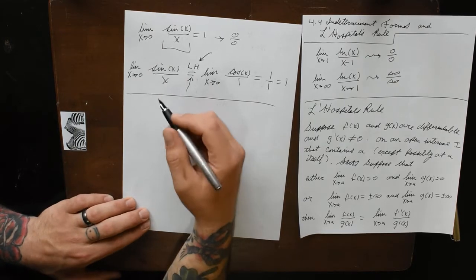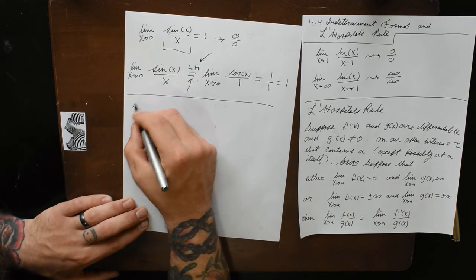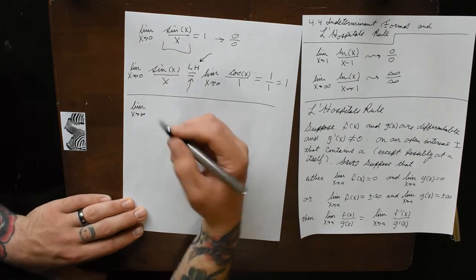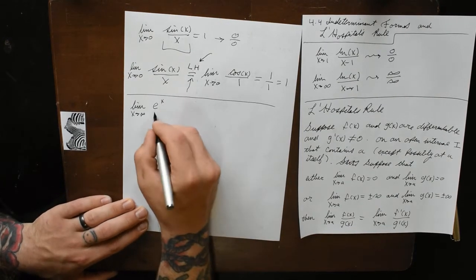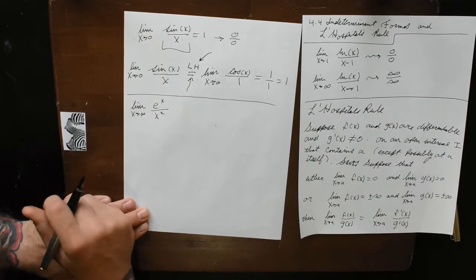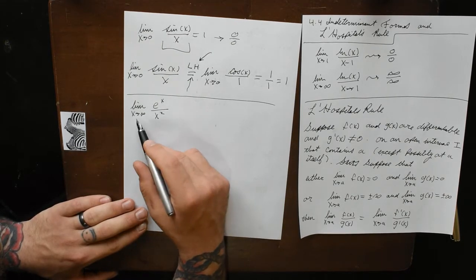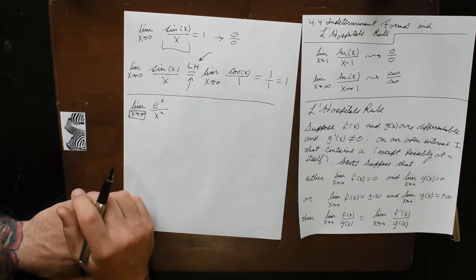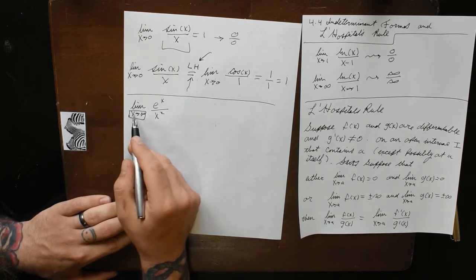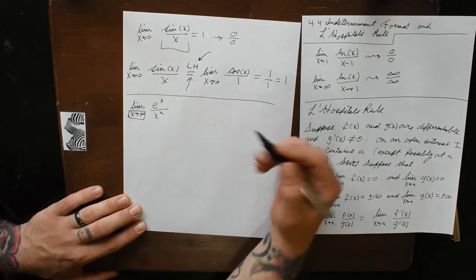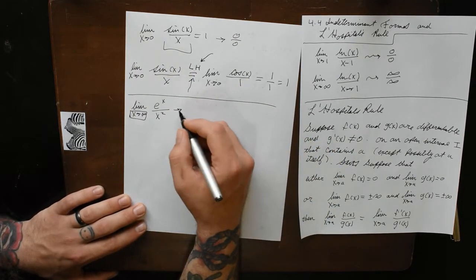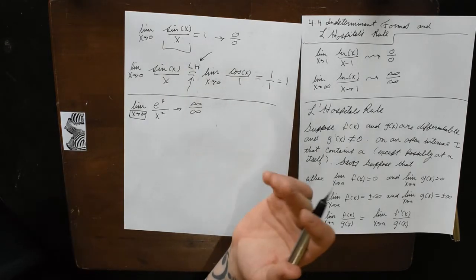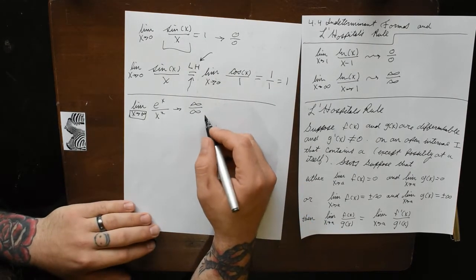So by that, I mean if we wanted to calculate the limit as x goes off to positive infinity of e to the x divided by x squared. We always want to try to just substitute in and see what we get. Well, if we see what happens as x goes off to positive infinity, the numerator goes to infinity and the denominator goes to infinity. Fine, this sets us up to use L'Hopital's rule.